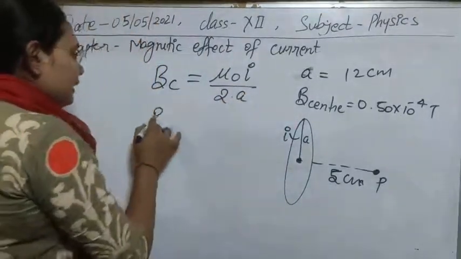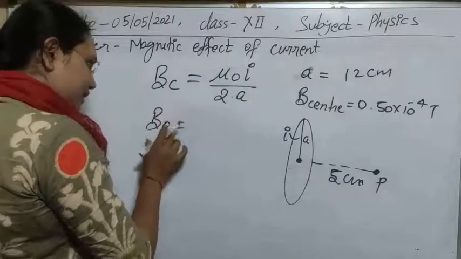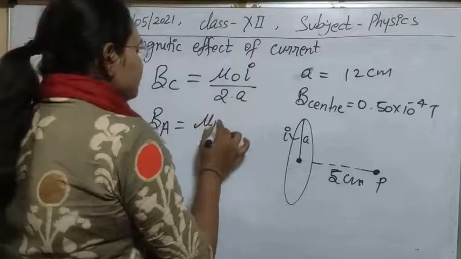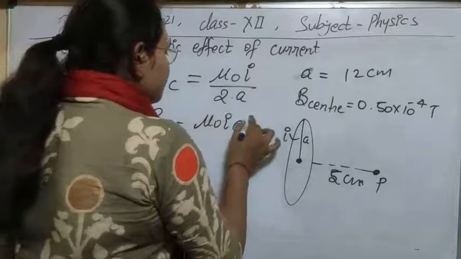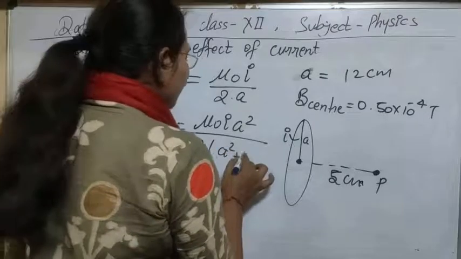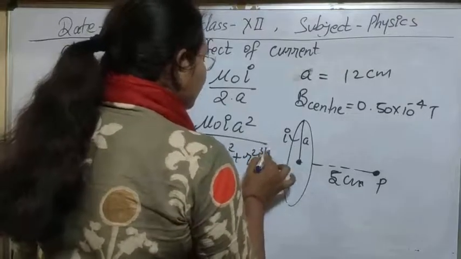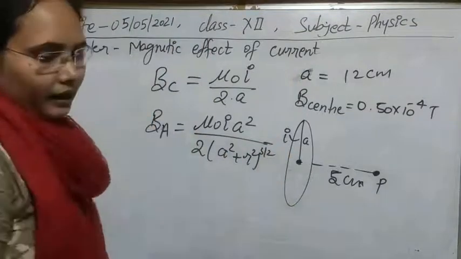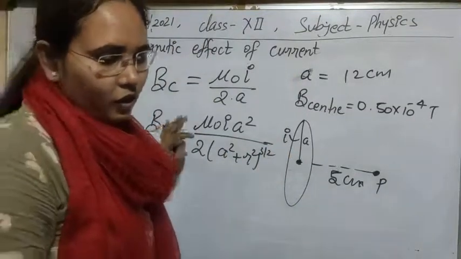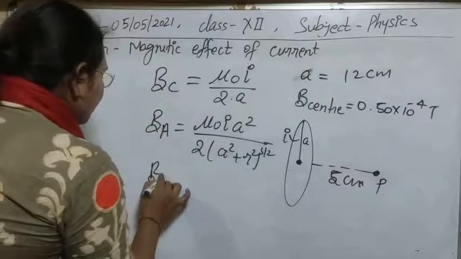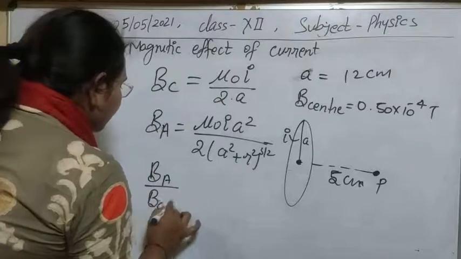And B axial is mu 0 I A square upon 2 times (A square plus R square) power 3 by 2. So these are the two things we have. Now let's take the ratio of B axial to B center, BA upon BC.